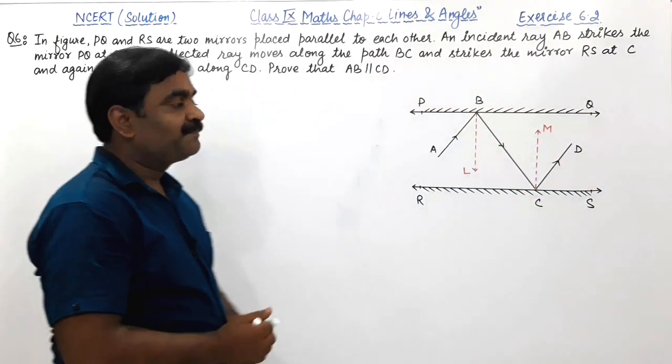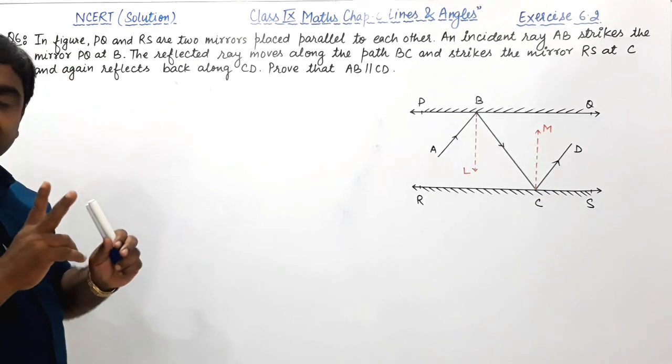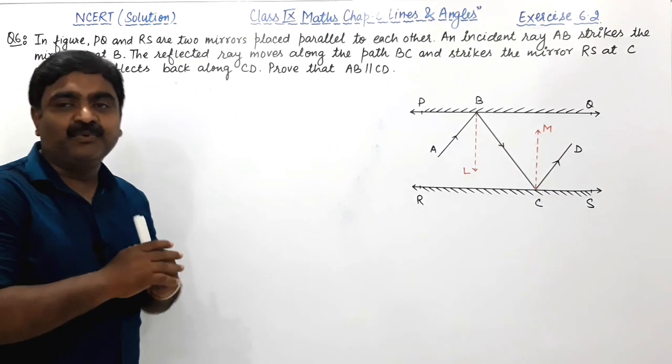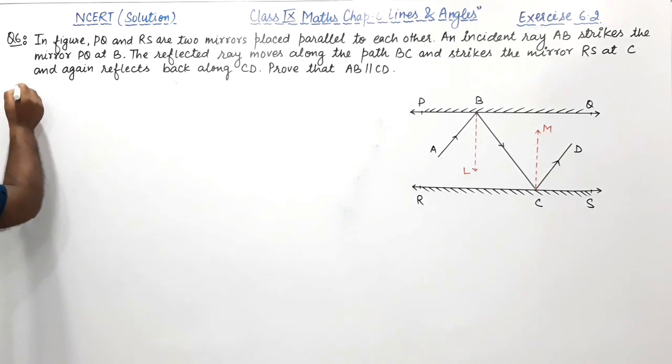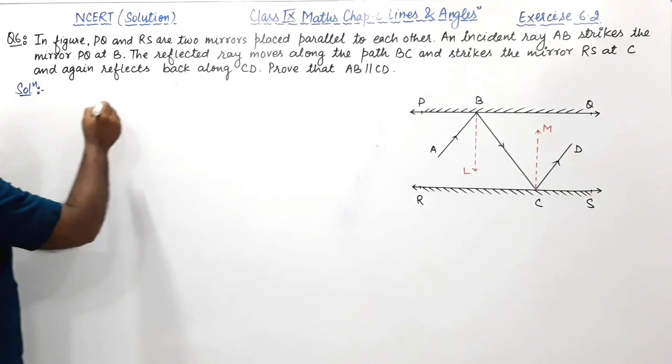So dear students, to prove this question, keep two things in mind. What are those things? I am writing the first one. In the solution of this, what are the things that you always keep in mind?